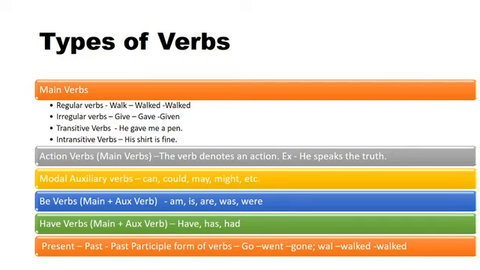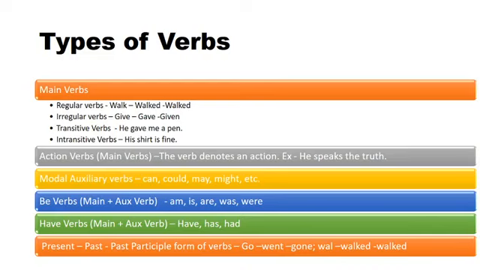In regular verbs, when you simply add -ed to the verb, from present to past tense, it changes from walk to walked, and the past participle is also walked. So for your clear understanding, when you add a simple -ed to the word and it goes with a similar form in past tense and past participle, that's a regular verb.